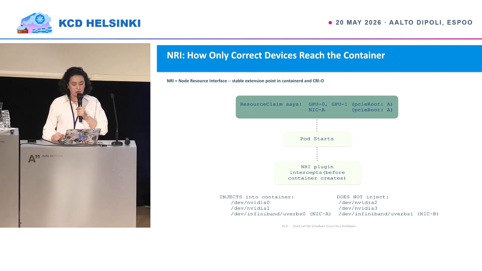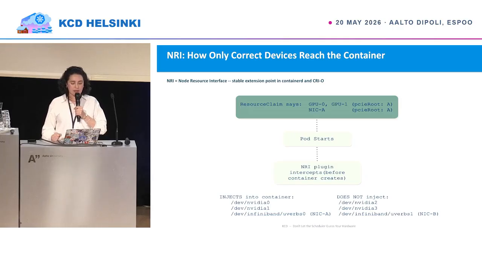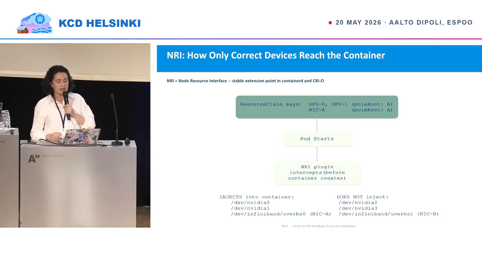This is an extension point in containerd and CRI-O, which means that when a pod gets created with a DRA claim, the NRI plugin intercepts the container start request and injects the list of devices that the scheduler already selected. And this means that there are no hard-coded device paths in your manifest. This can work on every node that has enough resources available to satisfy the request. It's portable.